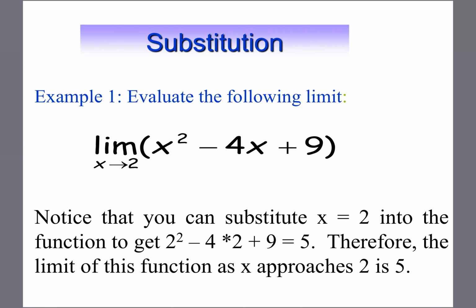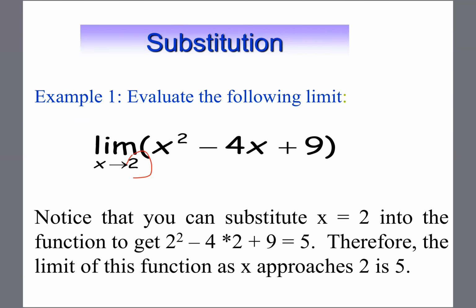Just apply substitution: put x equal to 2 in the function. When we apply this, x squared becomes 4, and 4 multiplied by 2 is minus 8, and plus 9, which is the constant value of our given function.